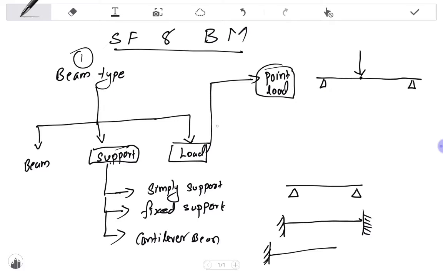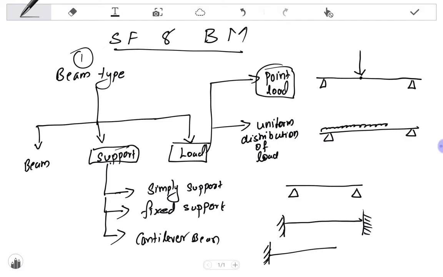Another is uniform distribution of load. In uniform distribution, suppose this is the beam and its supports, there is load on top of the beam, but this load is uniformly distributed along the entire length of the beam.